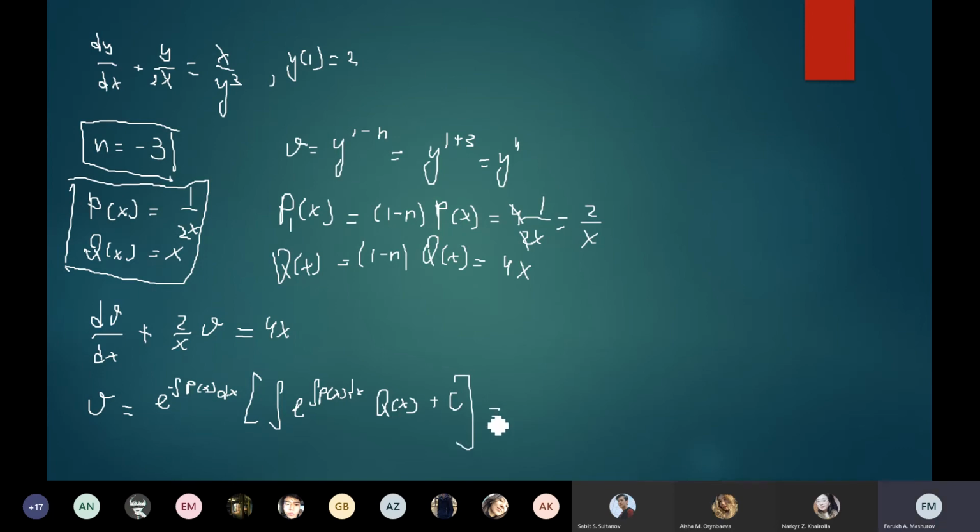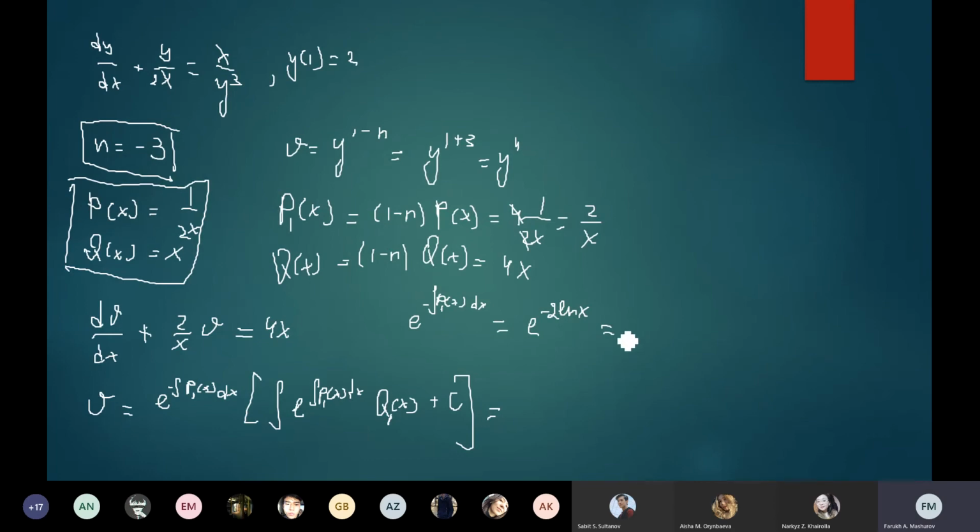So let's find firstly e to the power minus the integral of p1(x) dx. Let's write this one as p1(x), because we can get confused here. So p1(x) is equal to 2 over x, so the integral of this function gives 2 ln x, and e to the power minus the integral is e to the power minus 2 ln x.